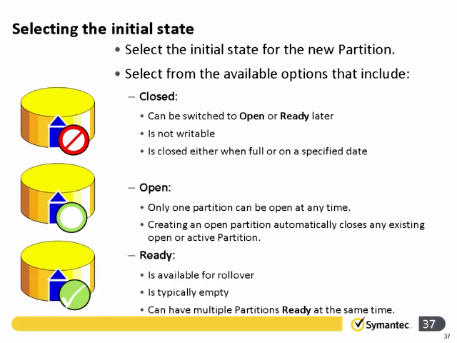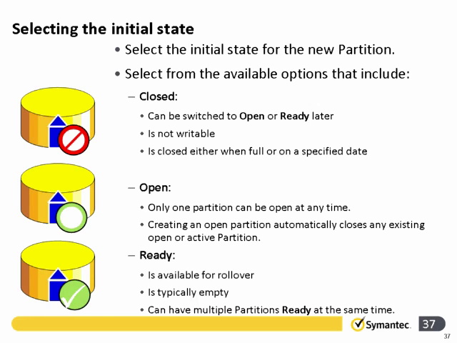The ready partition is available for what's called partition rollover. The idea here is that in earlier versions of Enterprise Vault, if you wanted to roll over your partitions, you performed that manually. Well, we want to be able to give you the capability of having that happen automatically based upon a set of conditions, and we'll be looking at those conditions a little bit later in the actual lesson.